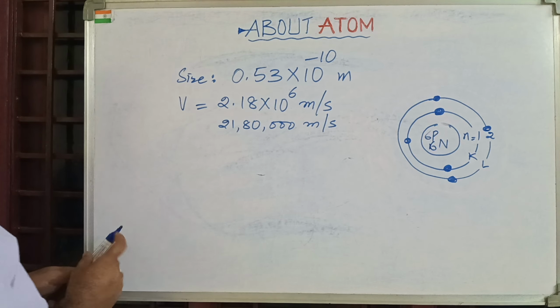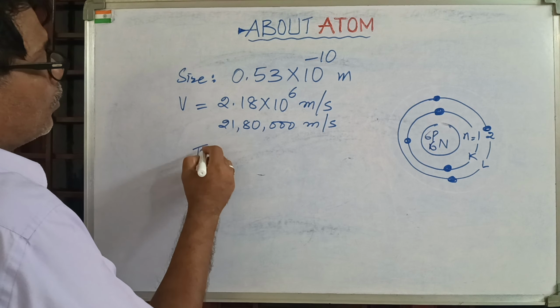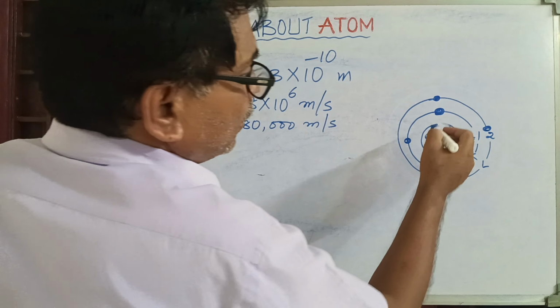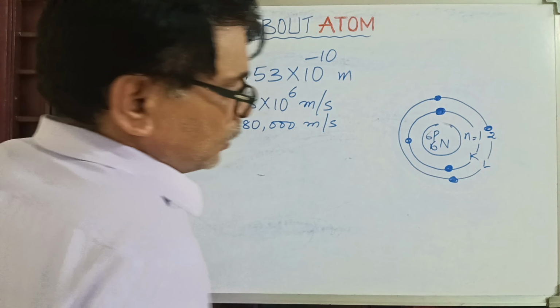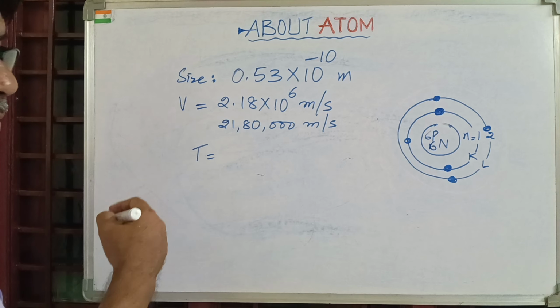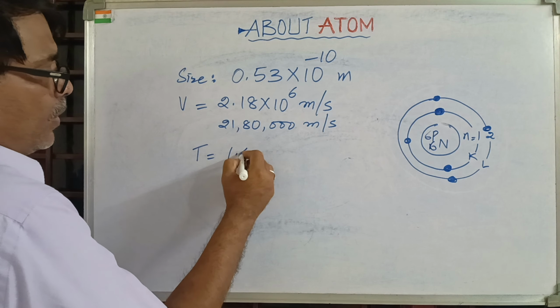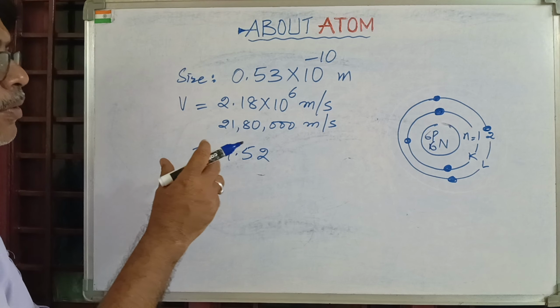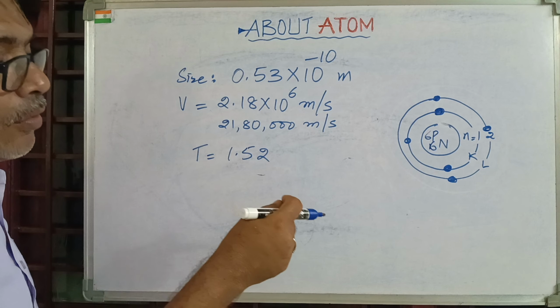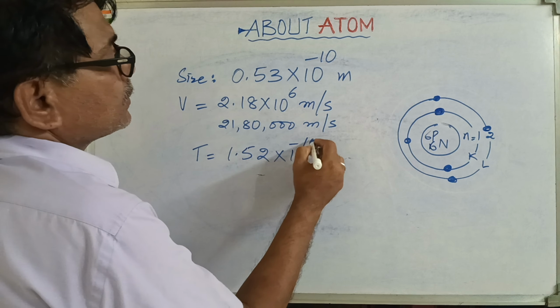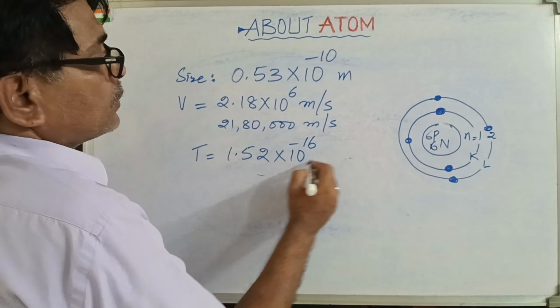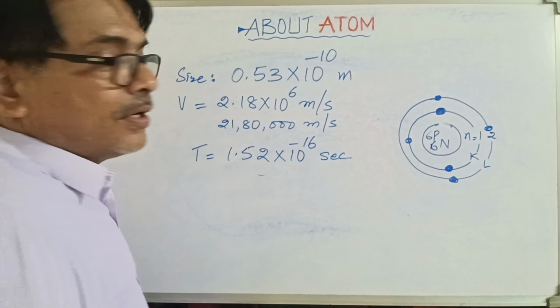Now coming to the time taken by the electron to complete one revolution, one round. Do you know how much time it takes? It takes 1.52 into 10 to the power of minus 16 seconds. Very interesting, isn't it?